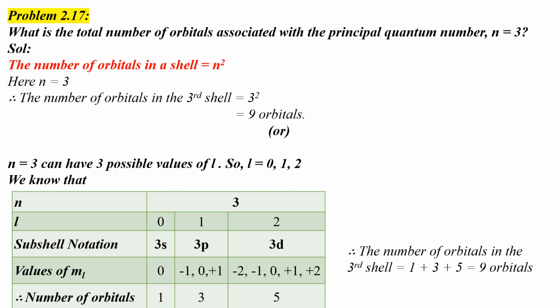Your answer will be the sum of the number of orbitals of s, p and d. When you add 1 with 3 and 5, you get 9 orbitals in total. So you can follow any of these methods in solving this problem. Whichever method is convenient to you, you can apply that method and work out this problem.